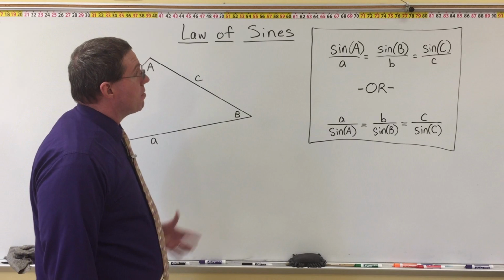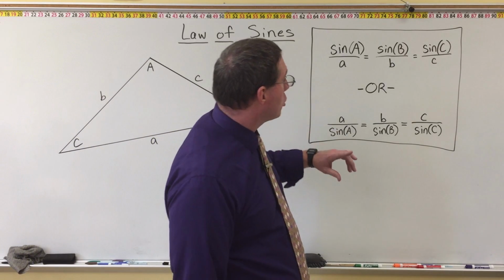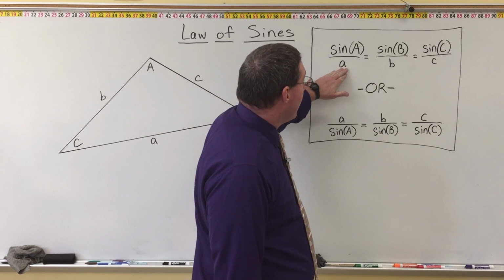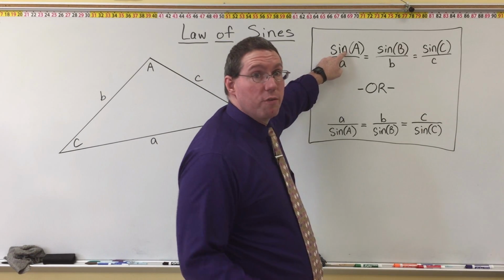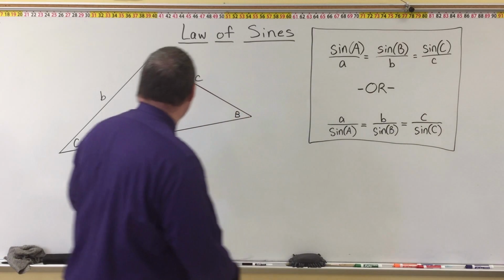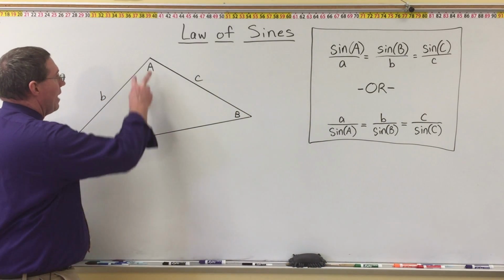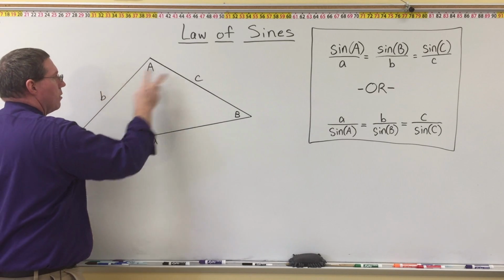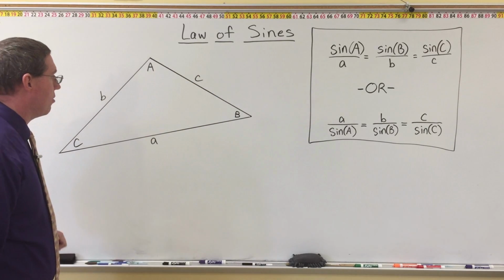What the law of sines basically does is it creates a proportion between a side length and the angle measure that is across from it. So you can see here we have angle A, so the capital letters are the angle measures, lowercase letters are the side lengths.